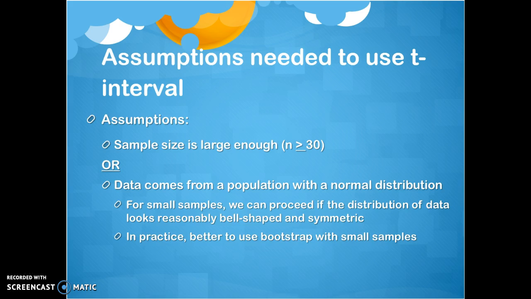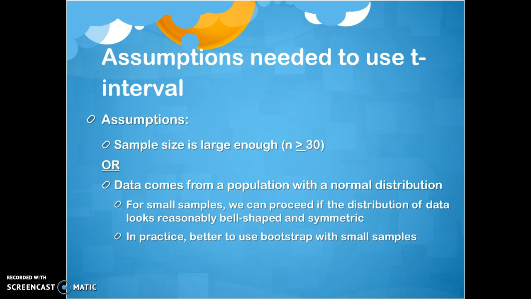In order to use a t-distribution, we need to have a sample size that's larger than 30. That's where the central limit theorem comes in. The central limit theorem allows us to use these different distributions without simulating anything when either the sample size is large enough, greater than 30, or the underlying population is normally distributed.